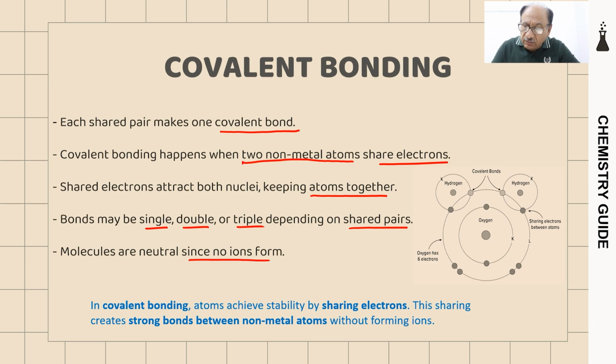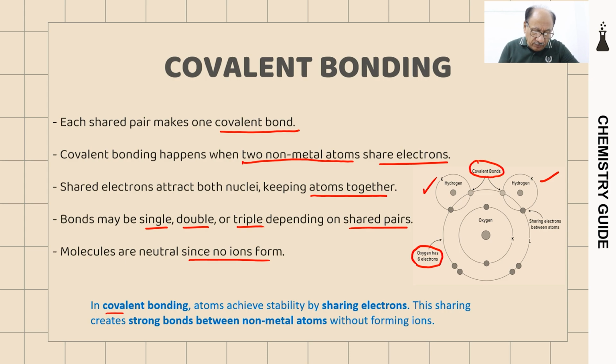We can take the example of water. Two hydrogen atoms are sharing electrons with the oxygen, and the electron distribution is given here. Oxygen has 6 electrons and shares two electrons, one with each hydrogen atom, each containing 1 electron. So each hydrogen atom is covalently bonded with the oxygen.